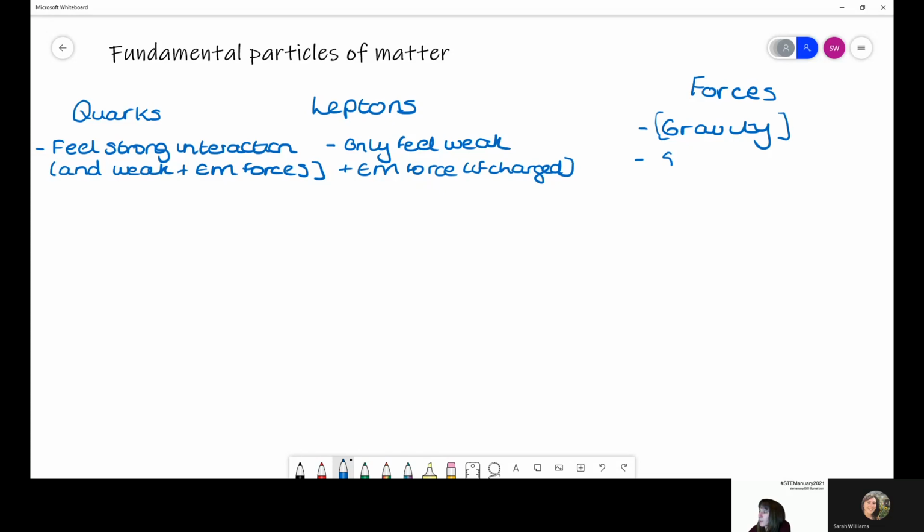So then there's the strong interaction, which binds the protons and neutrons inside the nucleus, and also, as we'll come to see, explains how the quarks are bound together inside bound states called hadrons, which include the neutrons and the protons. There's the weak interaction, which is responsible for processes like radioactivity.